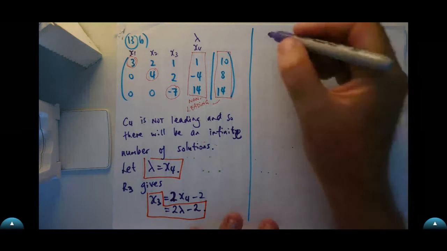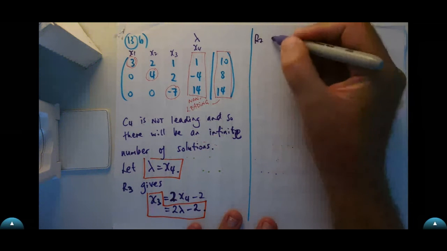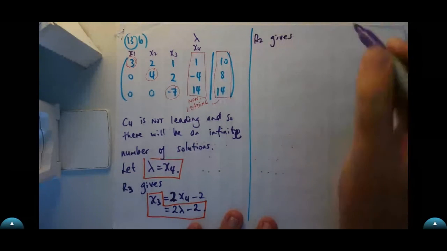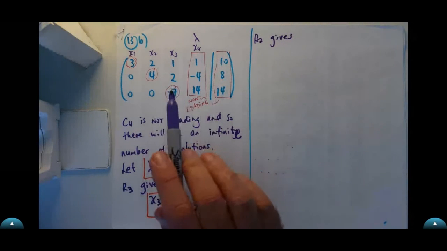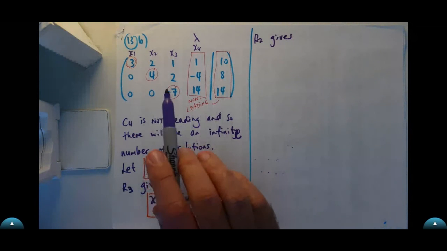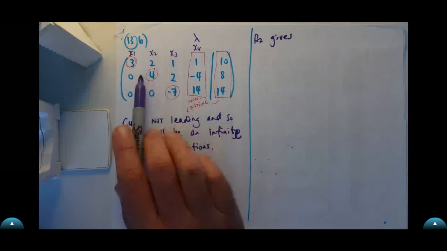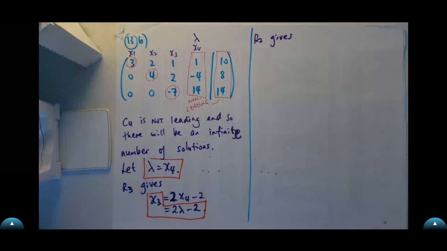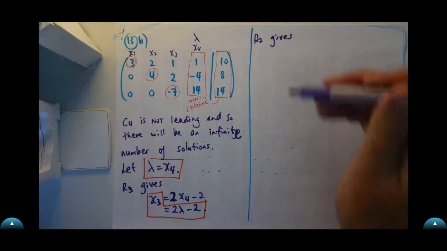So R2, what's R2 going to give us? I could simplify this just by dividing the row by 2 or something, but I don't know if I'll do that at the moment.